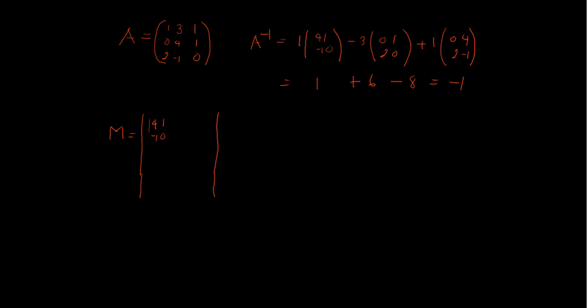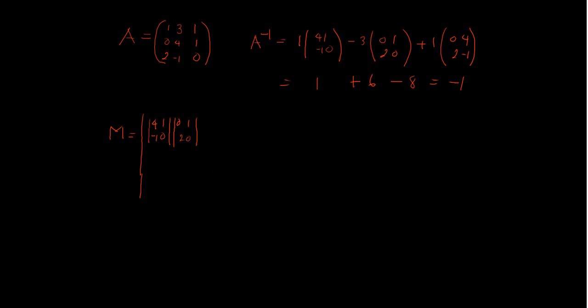When you remove 3, the column and the row, the rest is 0 1 2 0. So this is your second minor matrix.